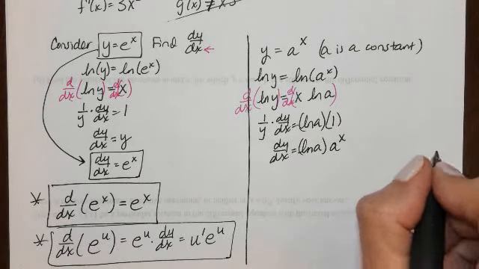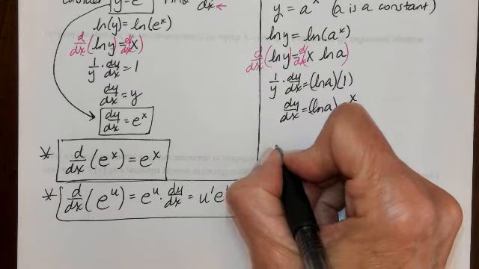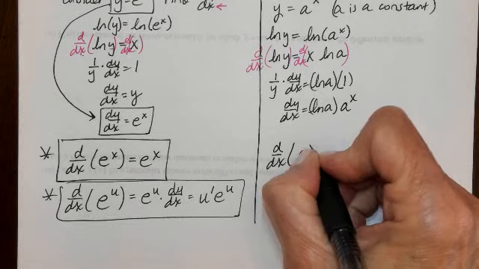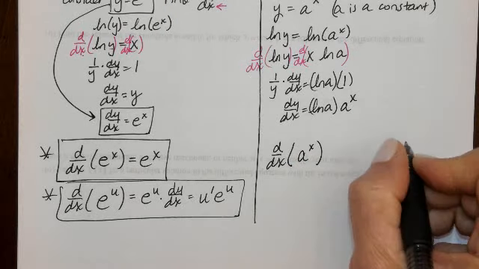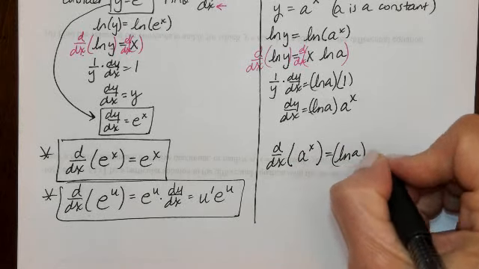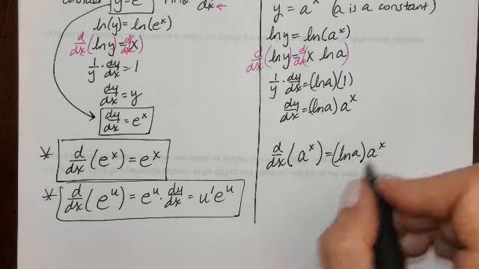All right? So the derivative with respect to x of a to the x, where a is a constant, is ln of a times a to the x. What if you have a u?